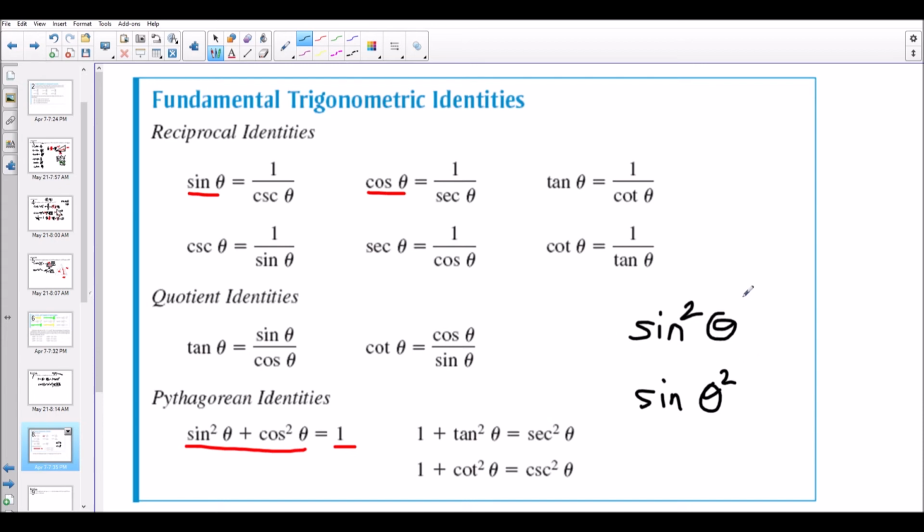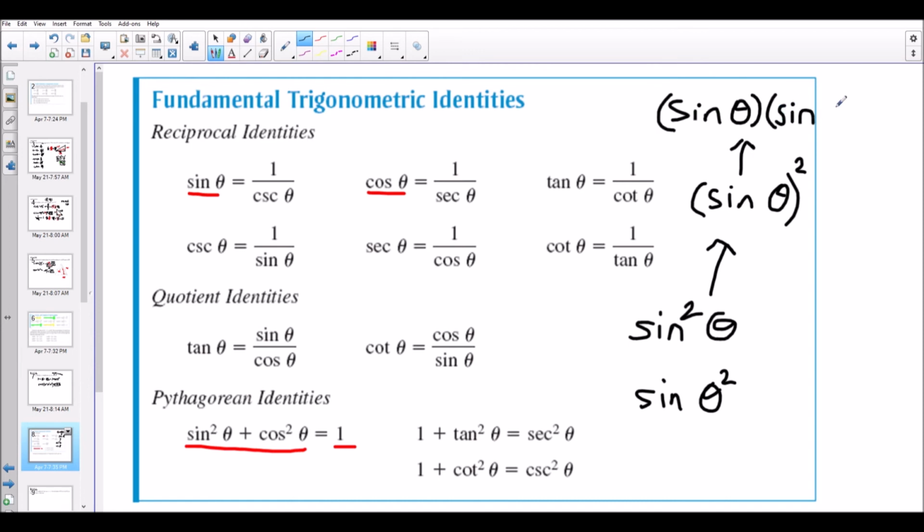This sine squared of theta is actually just another way of writing the sine of theta, whatever that equals, quantity squared, aka the sine of theta times the sine of theta. So sine squared theta is equal to this, which is equal to sine times sine.